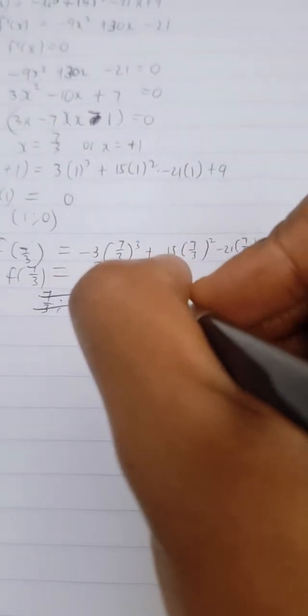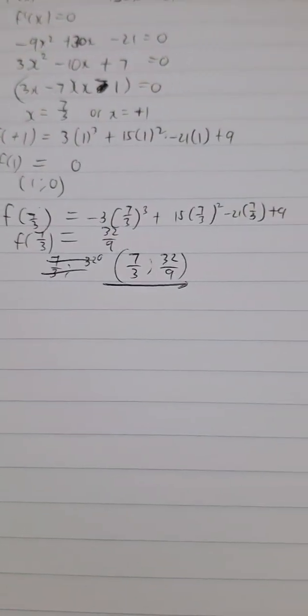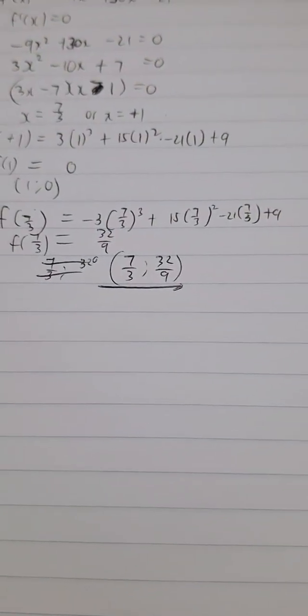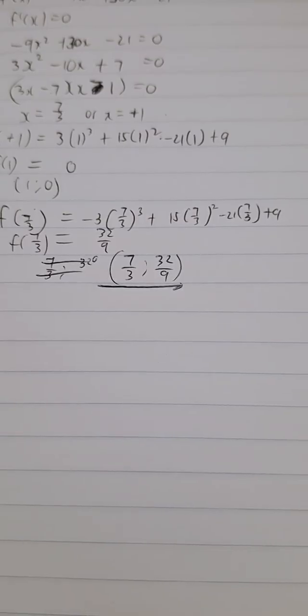So our coordinates for the turning point is 7 over 3, 32 over 9. That's our turning point, our stationary point, or our local max and min.